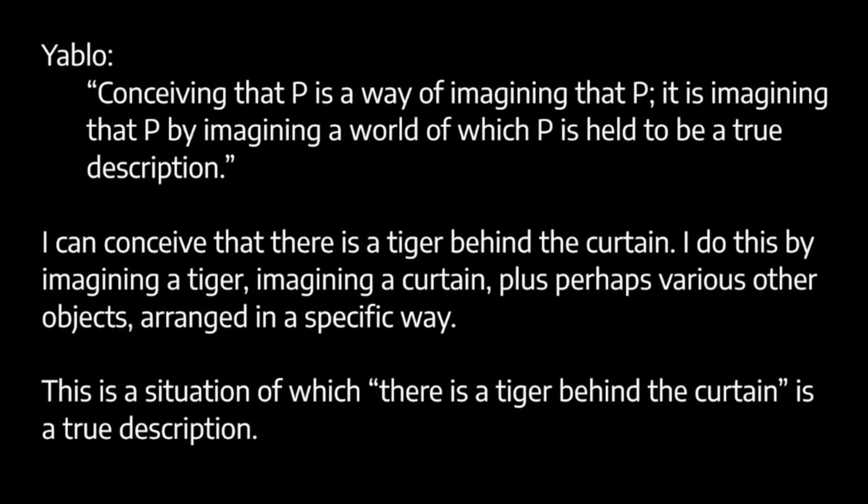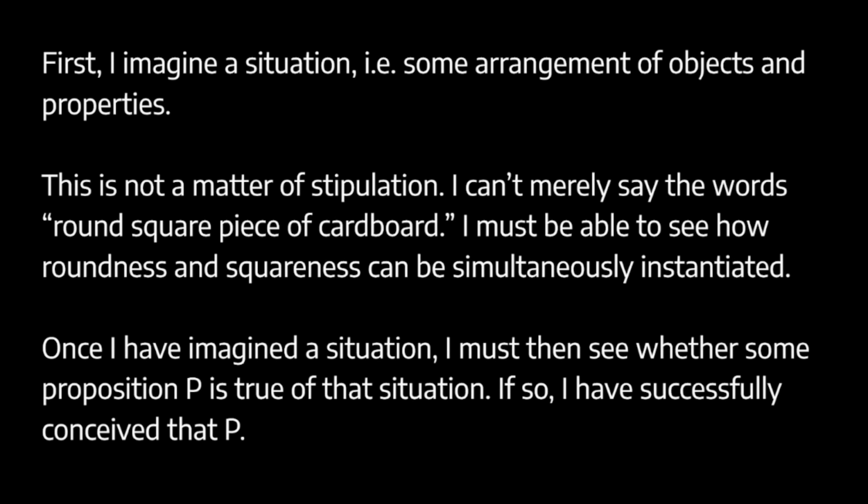So conceivability in Yablo's sense works as follows. First, I imagine a world or a situation. This will involve imagining some arrangement of objects and properties, and this isn't a matter of stipulation. I can't just say the words "round, square, piece of cardboard." I have to actually be able to see how roundness and squareness could fit together, in the way that I can see how you can fit together squareness and blueness.